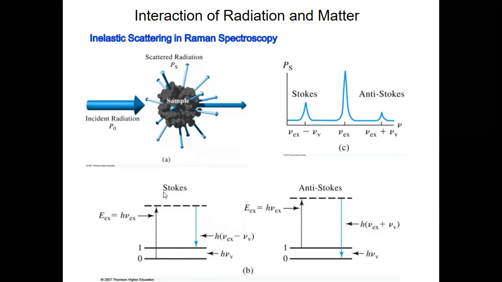When it happens, this type of transition we call a Stokes shift. And when the electrons in the first vibrational level go to the virtual state and come back to the zeroth level, then there's another difference here. This type of transition we call anti-Stokes. Stokes and anti-Stokes, and the Rayleigh scattering here.